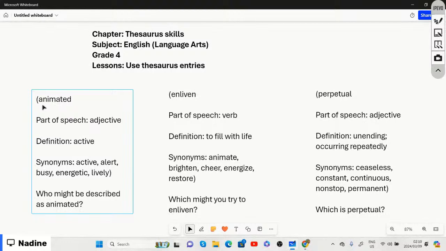And you need to say what the part of speech is that they're using. Is it a full stop, exclamation mark, commas, capital letters?